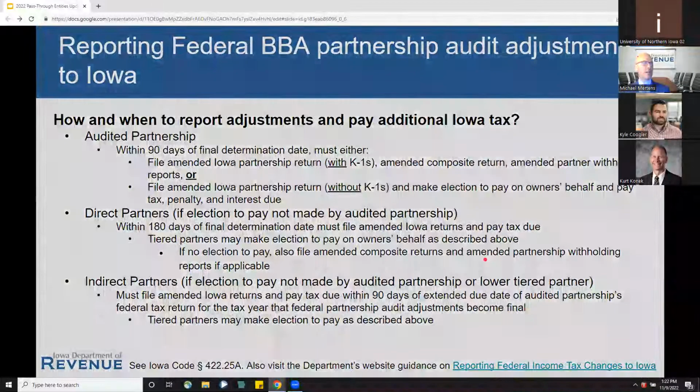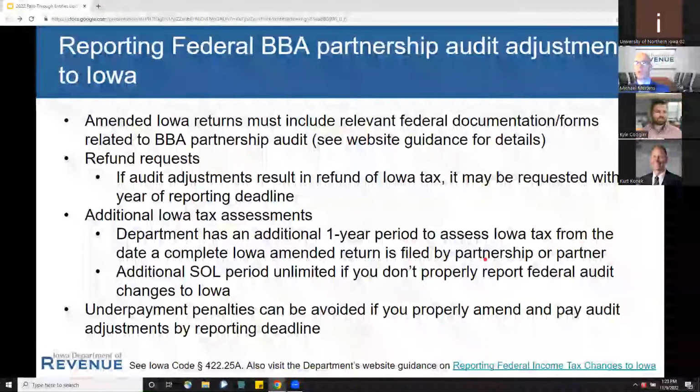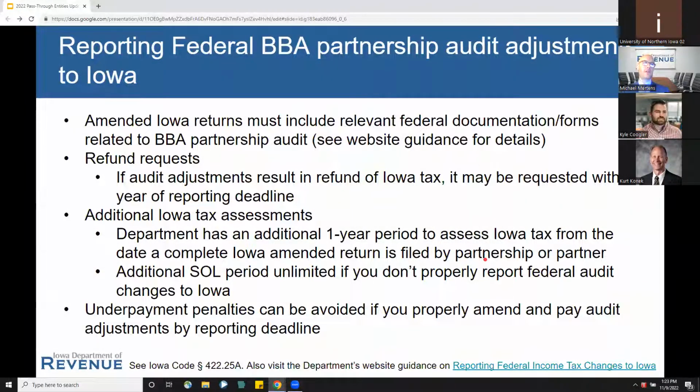So before we move to the election to pay, I want to just talk about what's required with these reportings. Amended Iowa returns must include certain federal documents or forms related to that federal audit. Our website guidance has additional information about what type of forms must be submitted with the Iowa amended return.